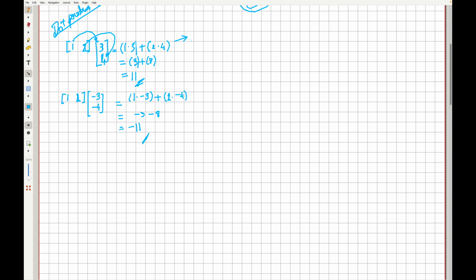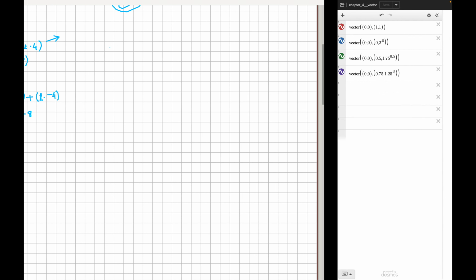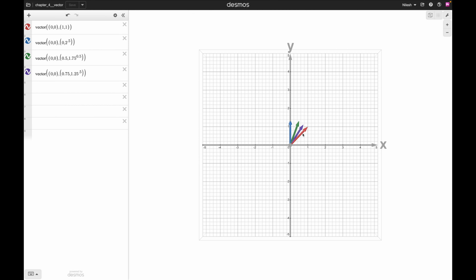If we have a couple of vectors, where this red arrow points from the origin, 0 0, to 1 1, and then we have another set of arrows, as we move from the blue arrow to green to violet to red, we are pointing more and more in the same direction as the red arrow.